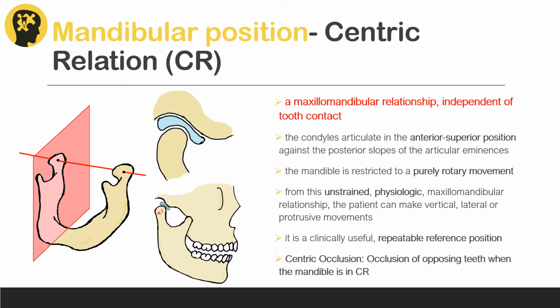And that position must also be repeatable and reproducible, meaning that you can record it accurately on multiple occasions, right? And that position should also be kind to the masticatory system. So it should be anatomically and physiologically and biomechanically compatible or favorable for the masticatory system, right? And that position is the centric relation position.